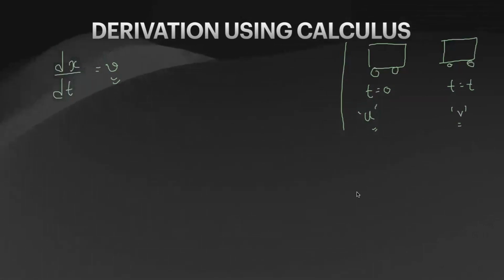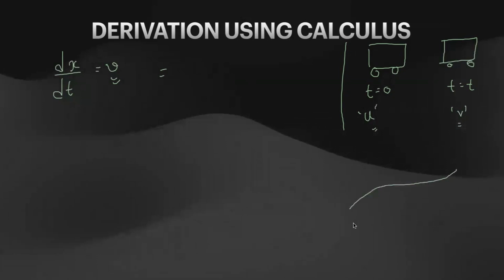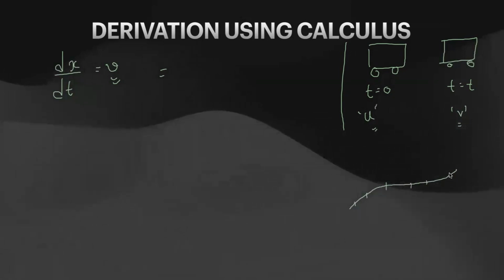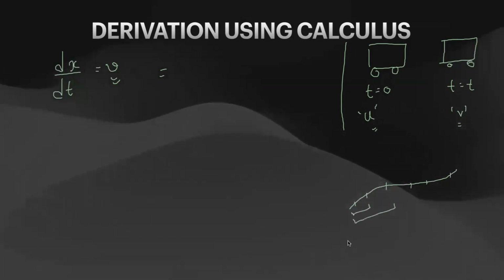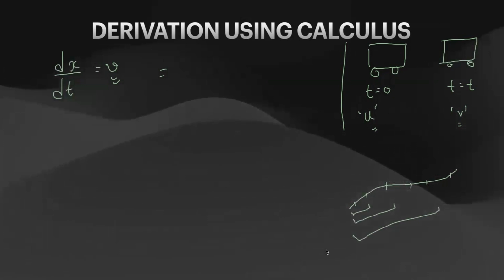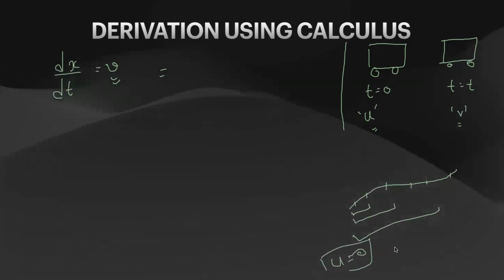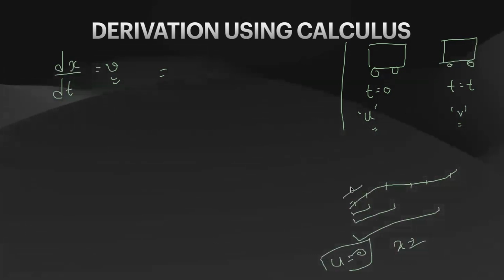When a car is traveling some path, it will have different velocity at different time intervals. But whatever path you consider, initial velocity will be the same, but displacement will be changing. See, this path is smaller, this path is larger, like that. So the displacement is changing, but initial velocity is always the same.